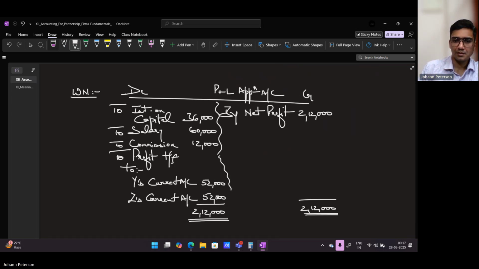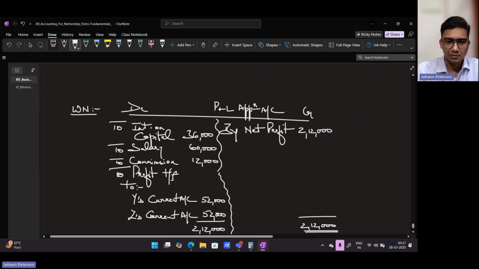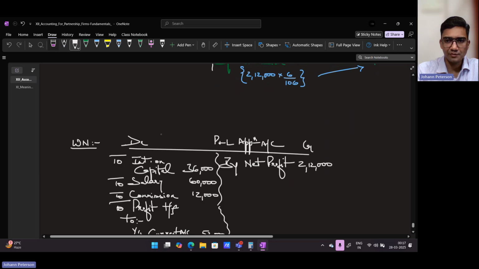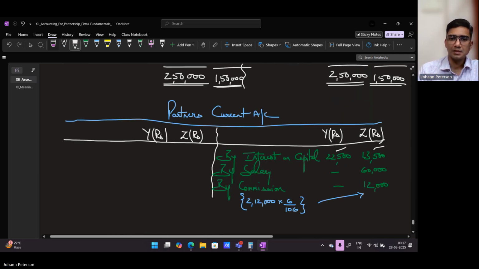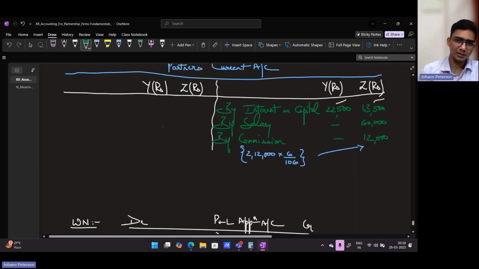Okay, so that's our working note. Now let's put this amount, 52,000 and 52,000, in the account which we have prepared on the top. Here it will come on the credit side because we are giving this to the partners.